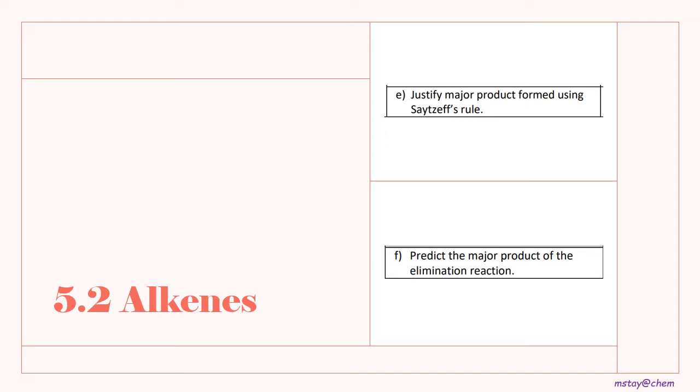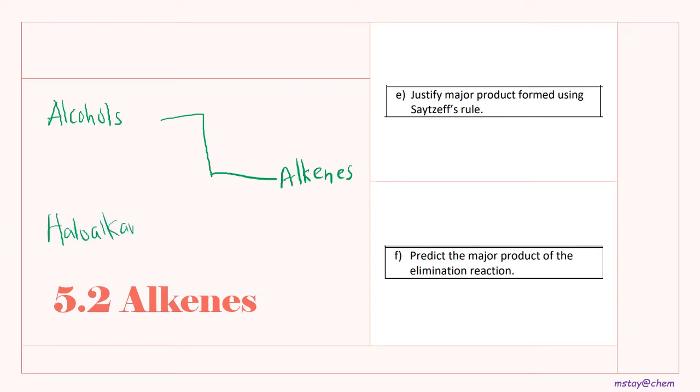Before we start with this video, let's recall what we learned in the last video. We learned that alcohol can be used to prepare alkenes. Besides alcohol, haloalkane can also be used to prepare alkenes.